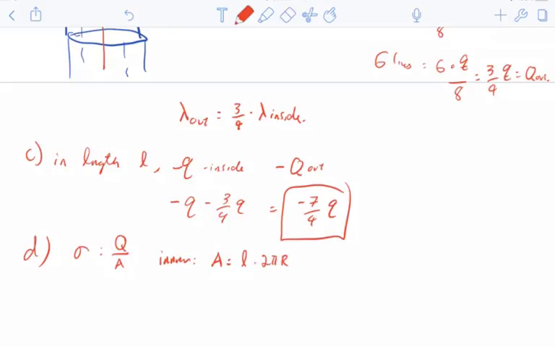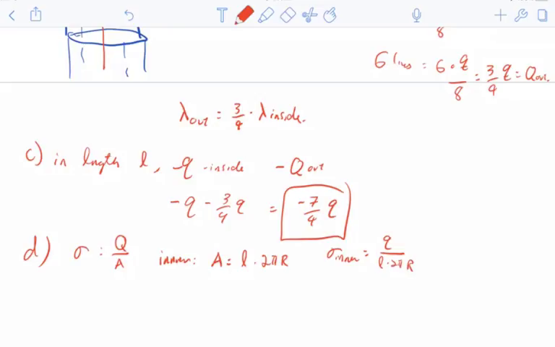So the inner surface has a total charge little q over L times 2 pi r.